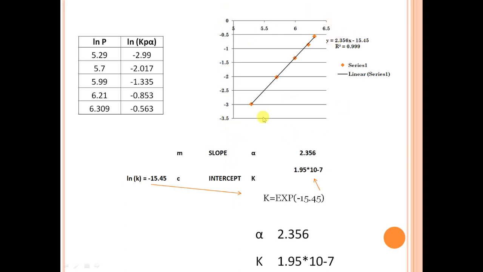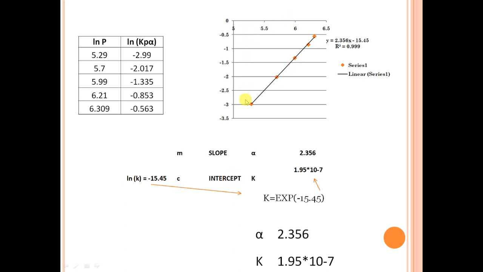So I am plotting this in the fourth quadrant, and once I get my values, I can find the equation with the r square. I am getting an r square of 0.99, and y equals mx plus c, where m, the slope, is 2.356, whereas c is the intercept.